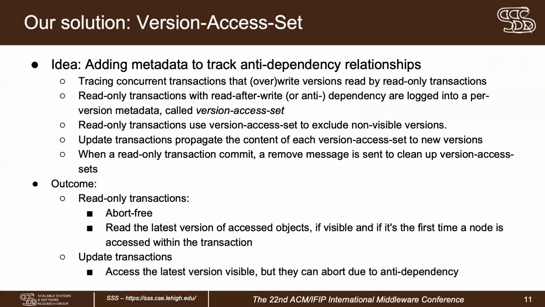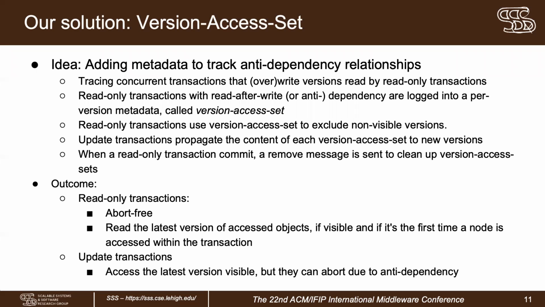So our solution is to use additional metadata, which we call the version access set. By adding this metadata, we are able to track anti-dependency relationships among transactions. So tracing concurrent transactions that overwrite versions read by read-only transactions is possible.